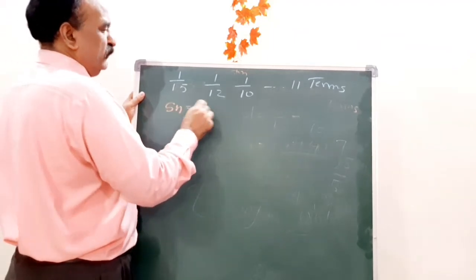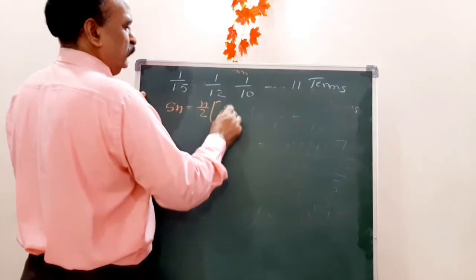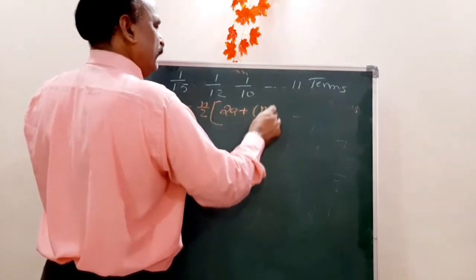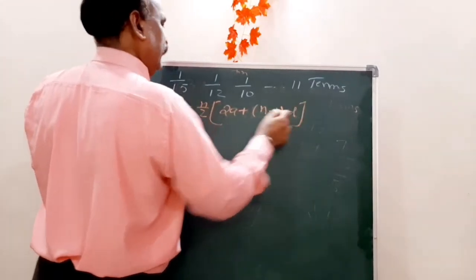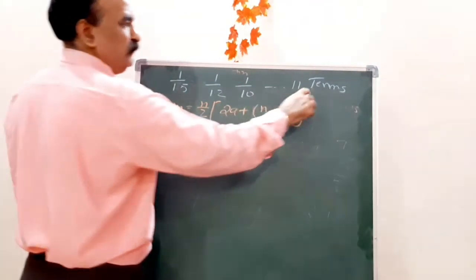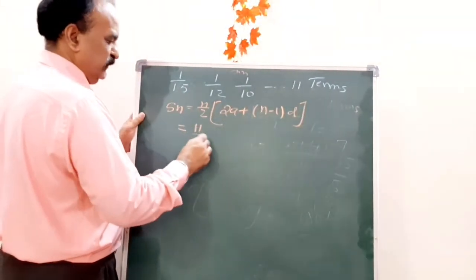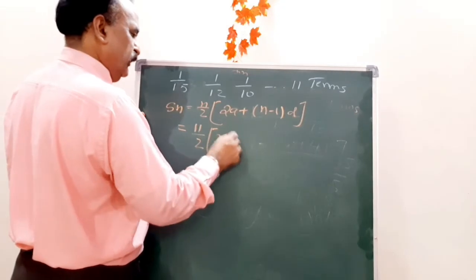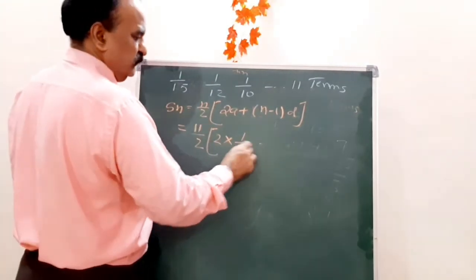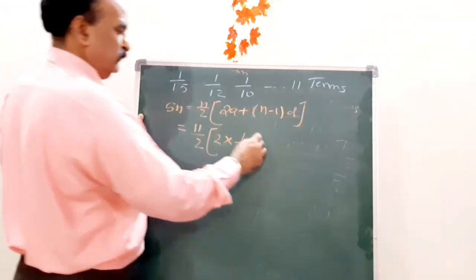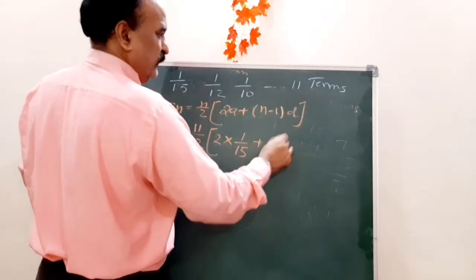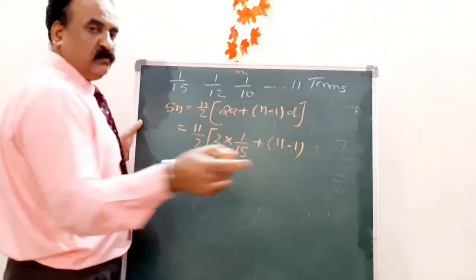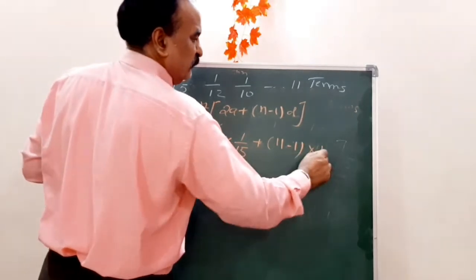Sn equal to n by 2 into 2a plus n minus 1 into d. Now n, number of terms, is 11. 11 by 2, 2 into first term 1 by 15 plus n means 11 minus 1 into common difference, as you got here, 1 by 60.